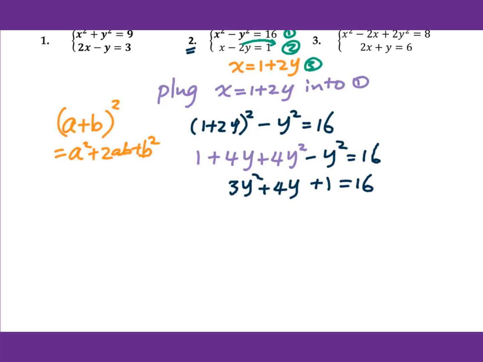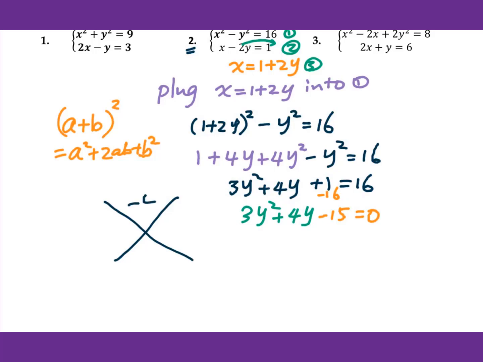We know this is a quadratic pattern equation, therefore we need to get equal to 0. So both sides minus 16, you will get minus 15 equal to 0. Then we do ninja x. Negative 45 over 3 over 3. This one is a positive 4. So we got positive 9, negative 5.